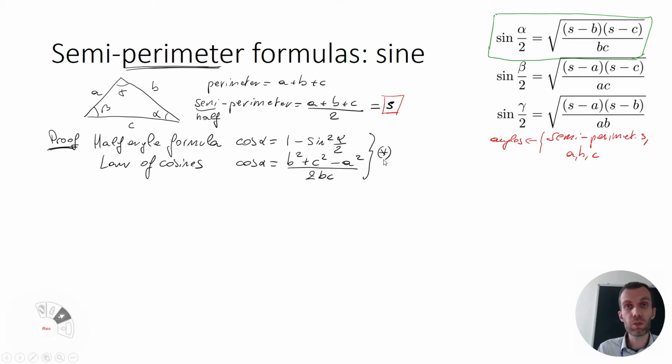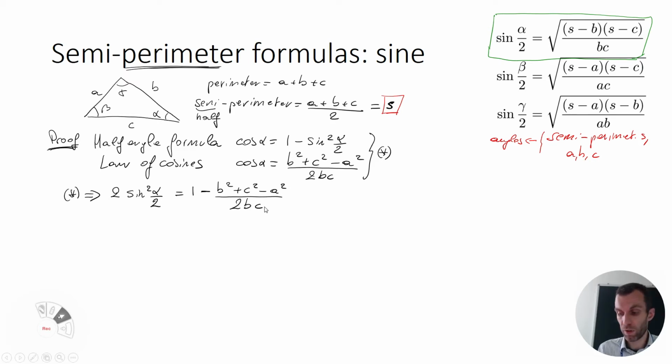So if we take those two and eliminate cosine of alpha, what we get is that 2 times sine squared of alpha over 2, so there's that 1 here, but I'm going to bring that to the other side, is 1 minus b squared plus c squared minus a squared divided by 2bc.